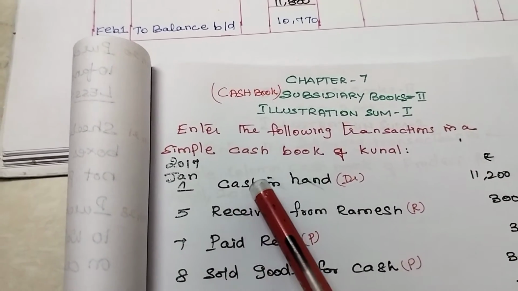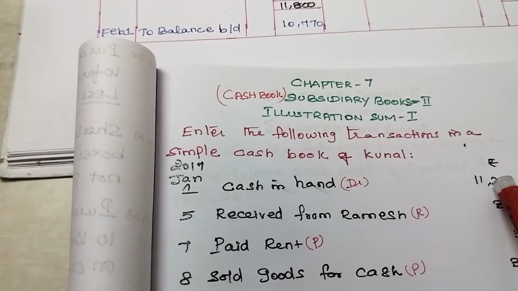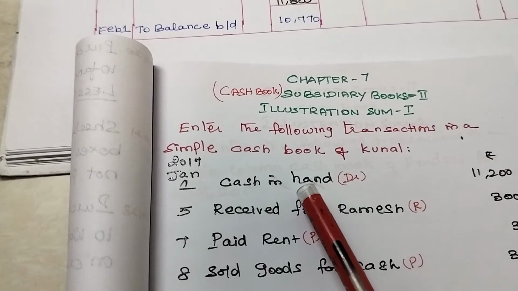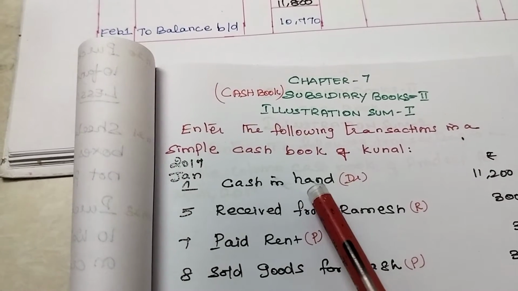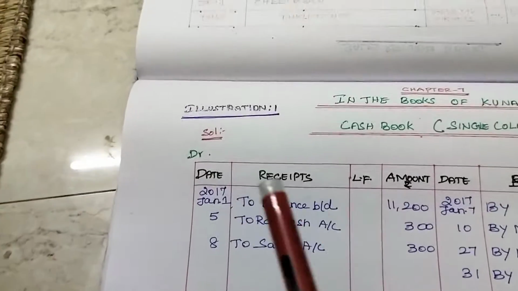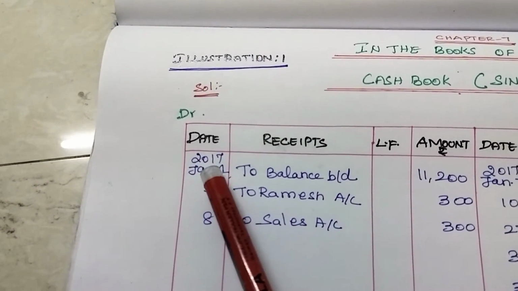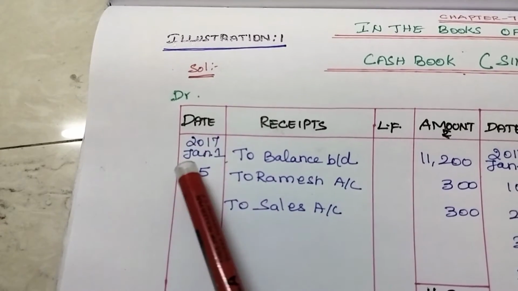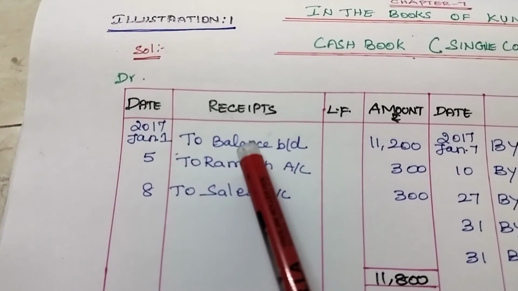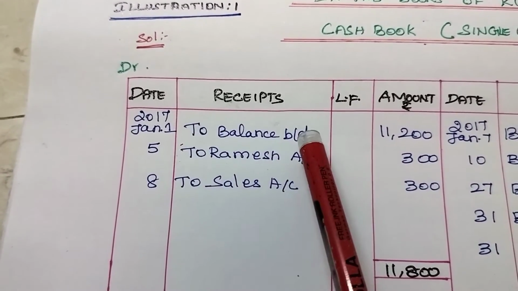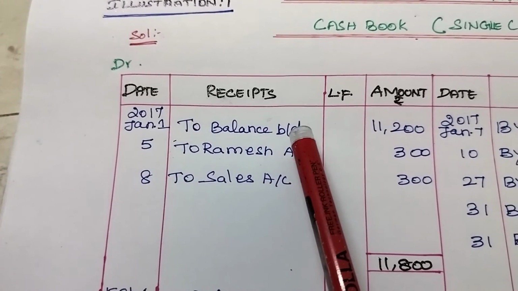So the cash in hand, 11,200, is the opening balance of the cash account, and you record it on the debit side. In the date column you write 2017 January 1, To Balance brought down, 11,200 rupees. To Balance brought down means this is the opening balance of the cash book.